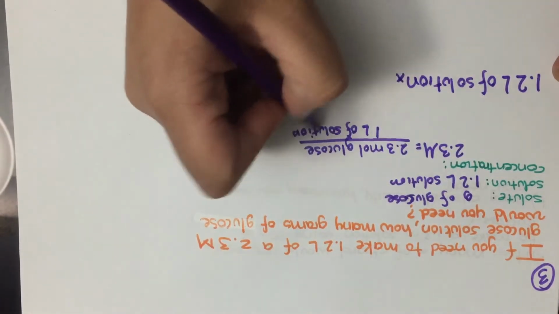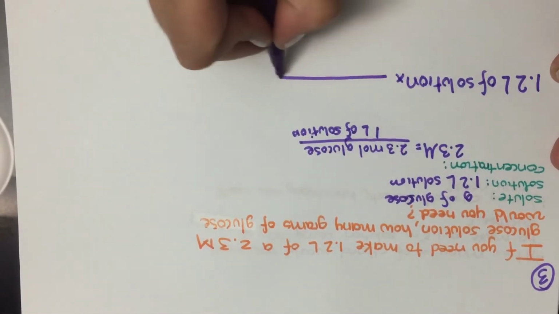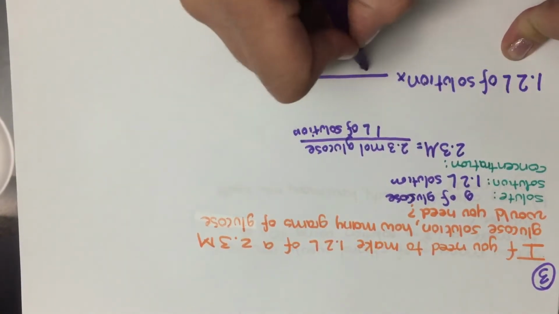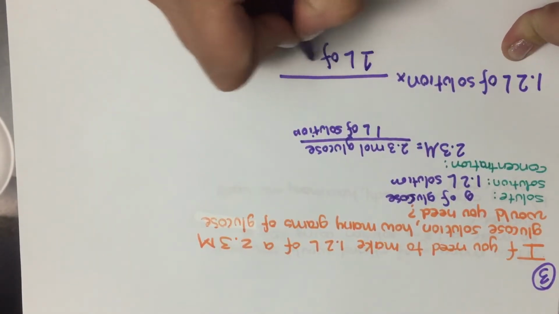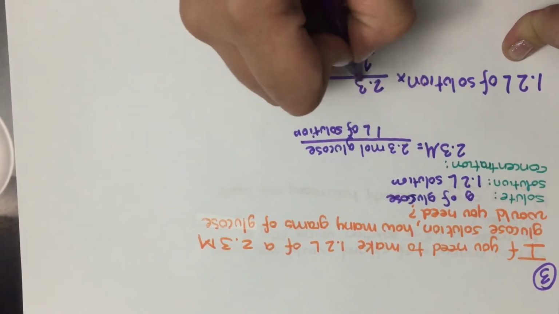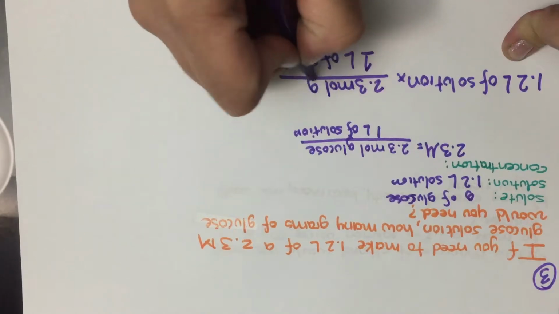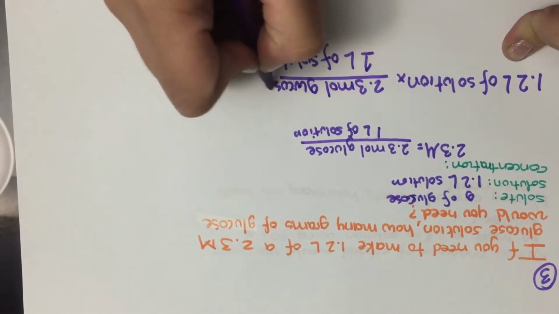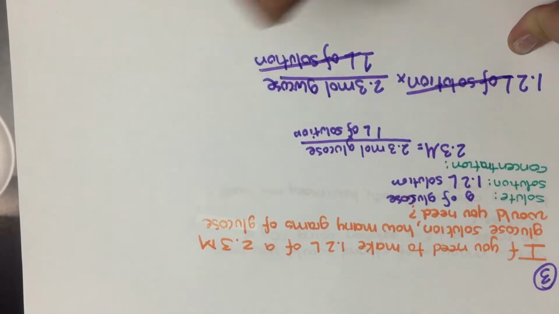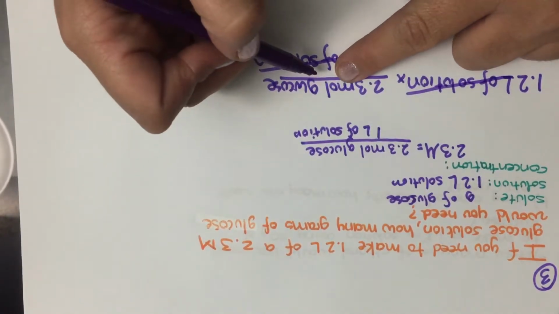And then you use your concentration, which is your conversion factor. Okay. And you put the number or the thing you need to cancel on the bottom. So 1 liter of solution. And on the top, 2.3 moles of glucose. Very nice. So that is going to allow us to cancel this. Okay, so we're left with moles of glucose.